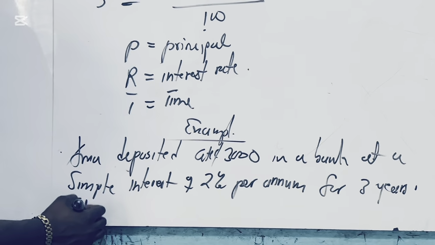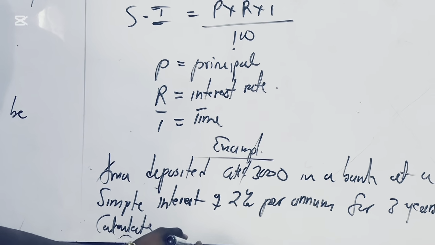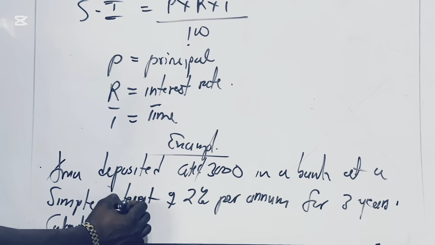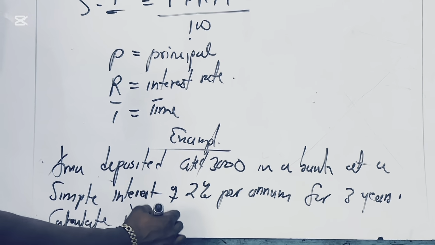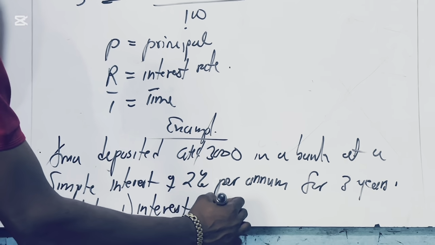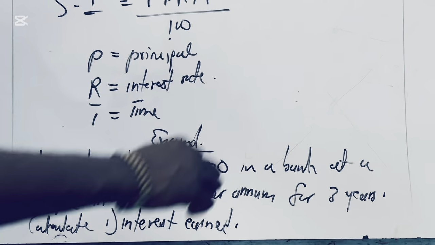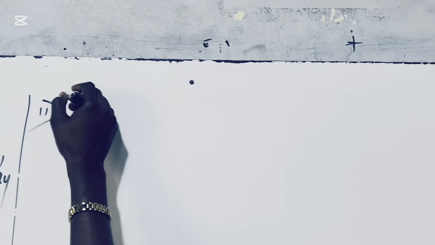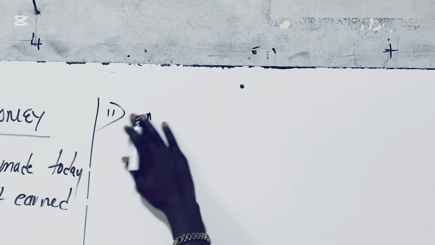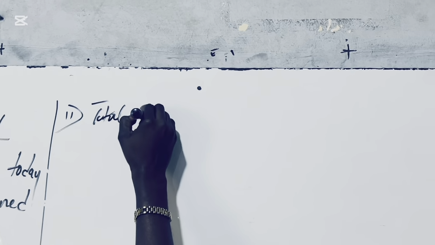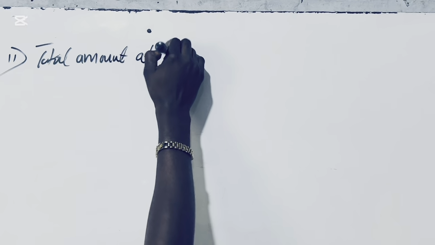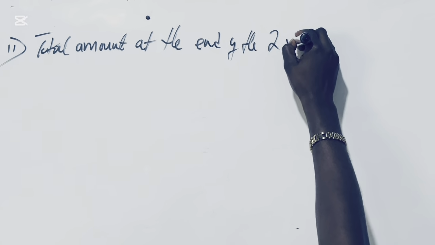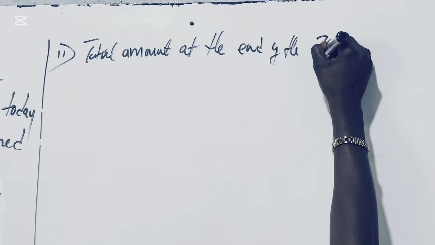Calculate I, let's say our interest earned, and then let's say A, the total amount at the end of the 3 years.